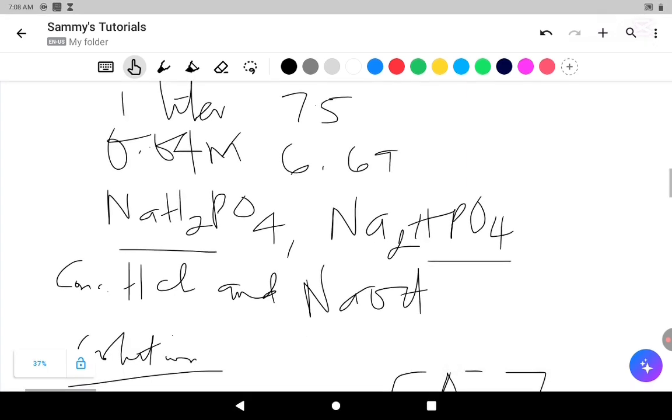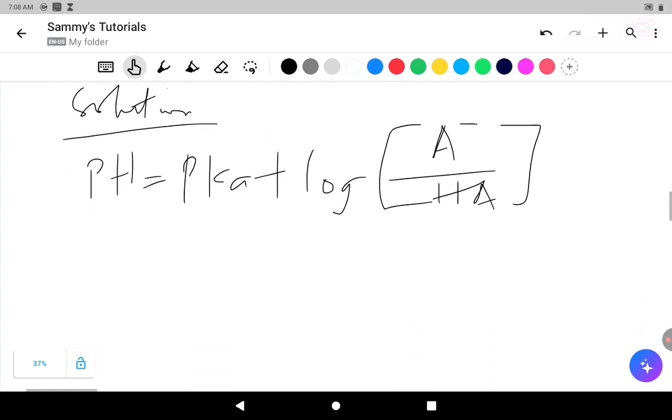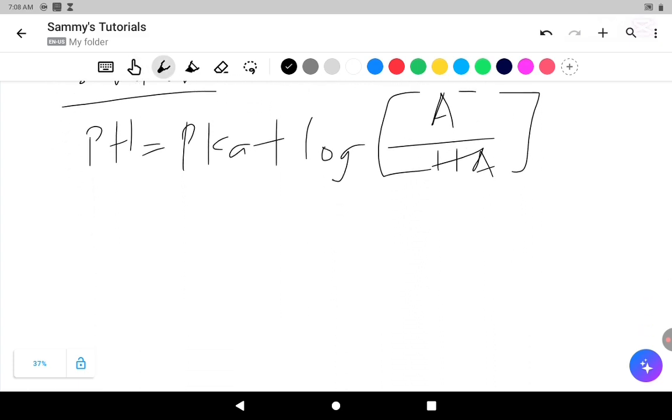So let's first of all do the little calculations here. How do we do that? First of all, pH is 7.5, equals pKa, which is 6.69, plus log.